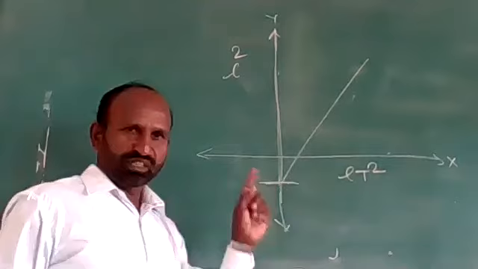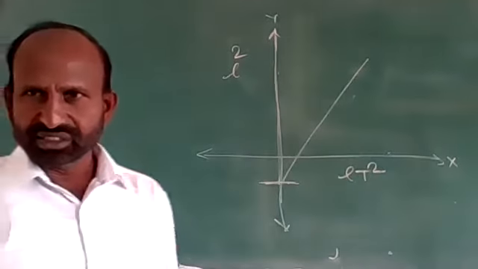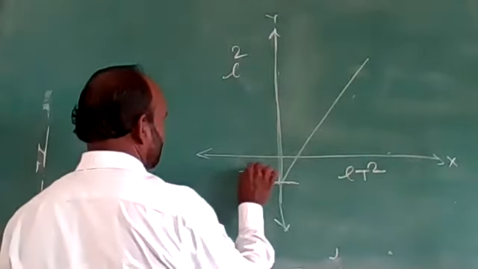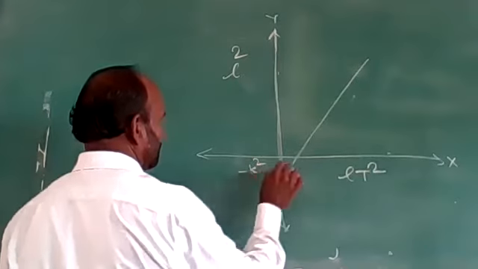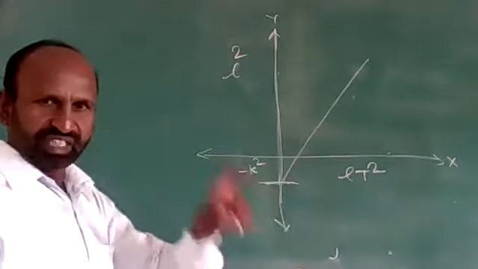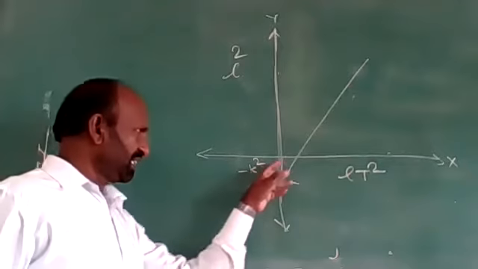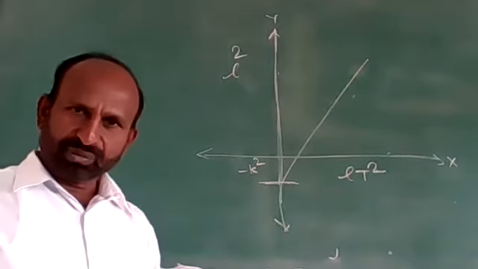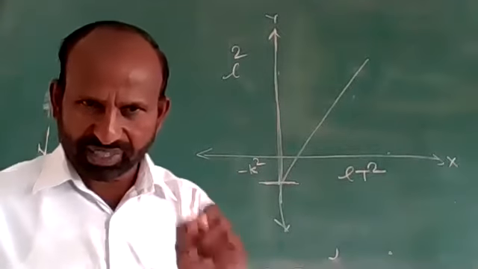This negative intercept gives us the value of the radius of gyration, that is minus k square. This intercept is minus k square. Although it is minus because it is on the negative side, k is the radius of gyration having a positive value.